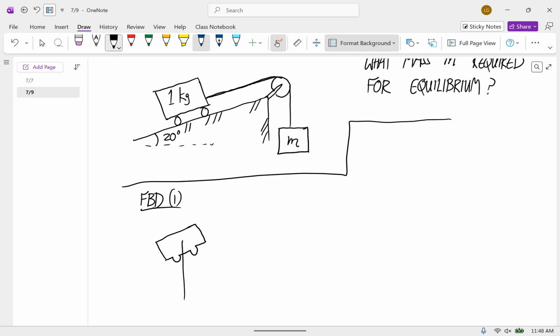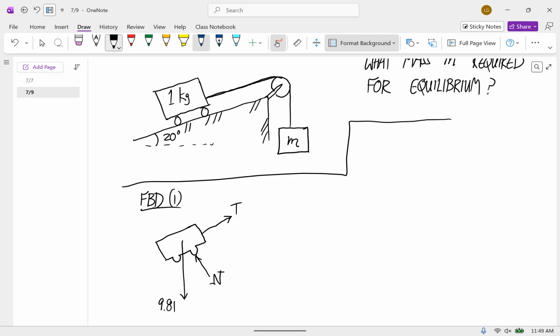So we have the weight force of 9.81 newtons down. This is a frictionless contact, so the rule says perpendicular to the surface of contact toward the chosen body. And then the only other place that there's contact is the cable, and the rule says parallel to the cable, away from the body. And I'll call that T.